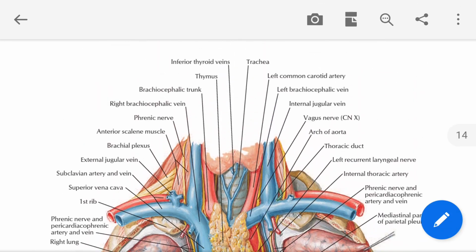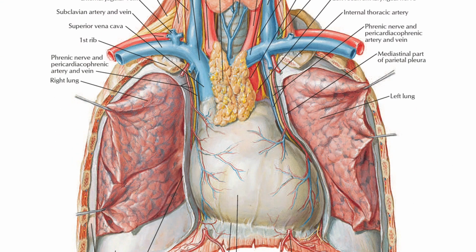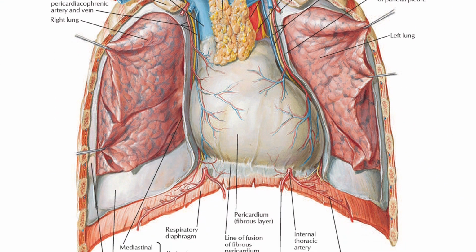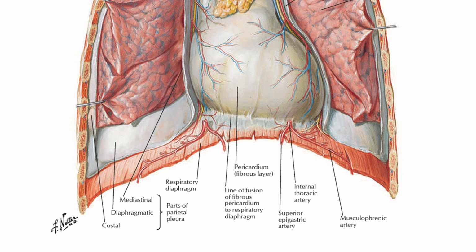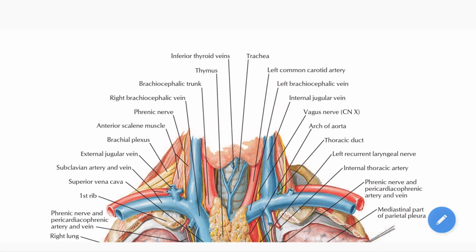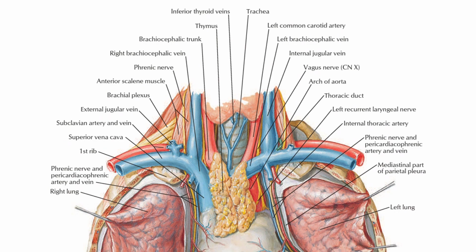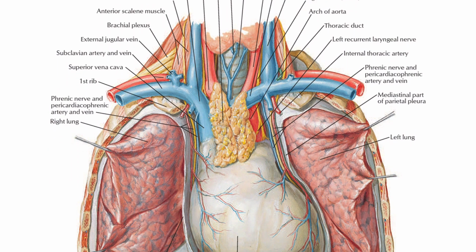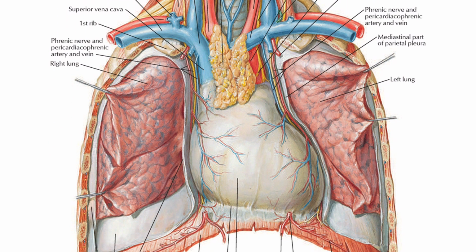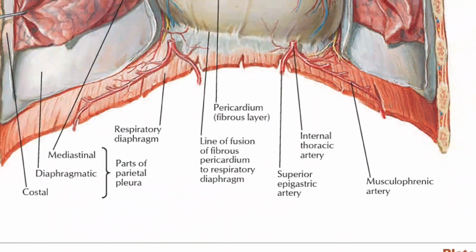In this figure you will get the idea where exactly the heart is present. You see that between the lungs the heart is present. If you are interested you can read the names of nerves and veins, aorta, artery, ribs, everything is shown. Diaphragm. Here this one is the diaphragm.